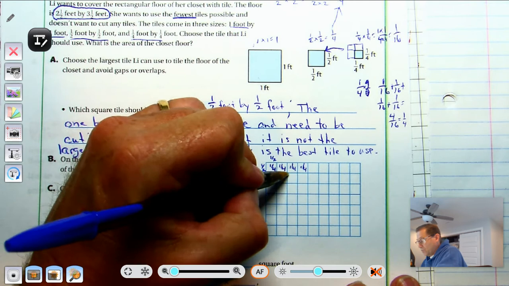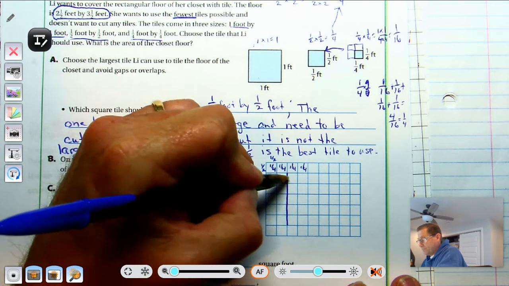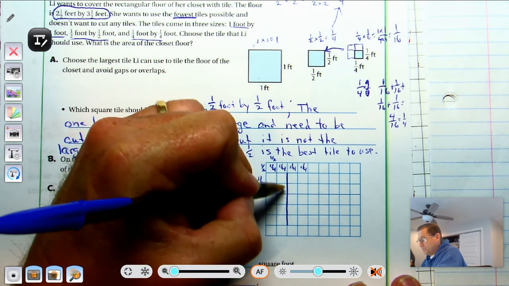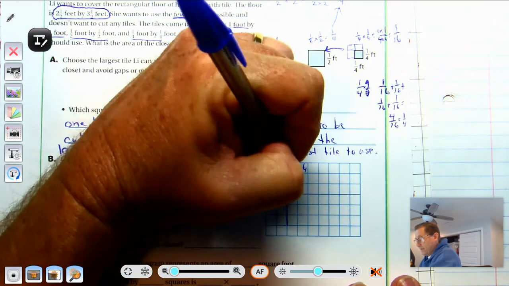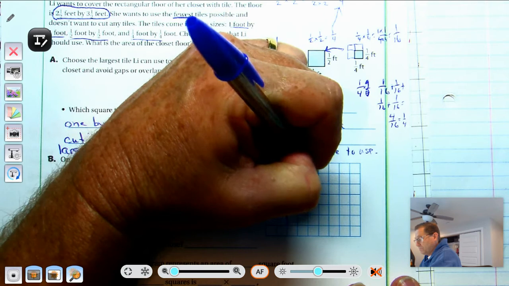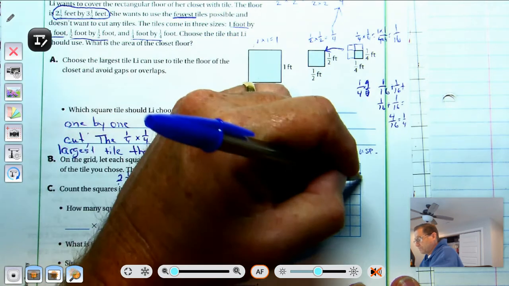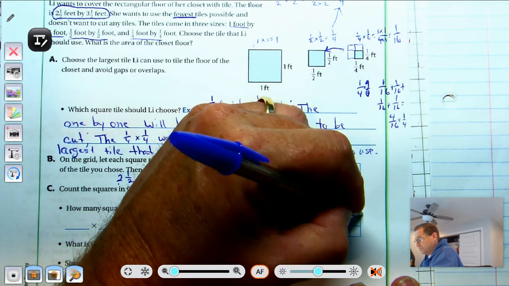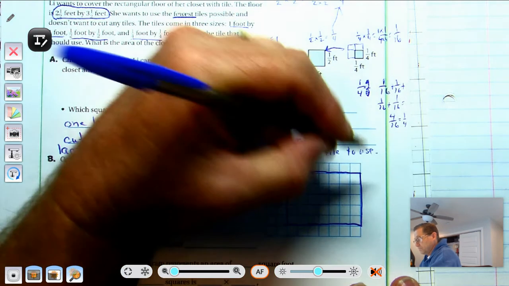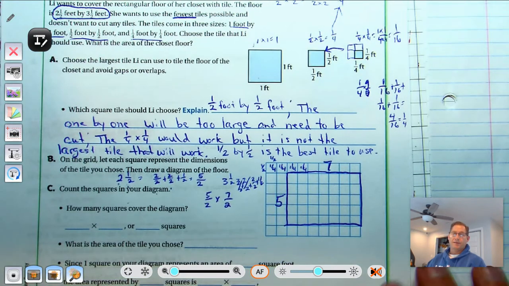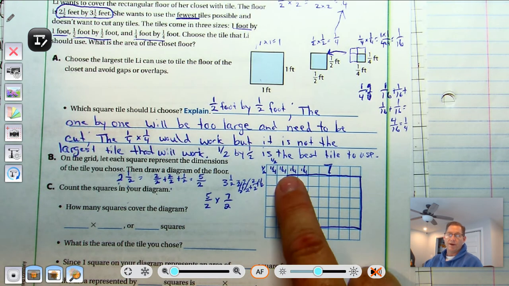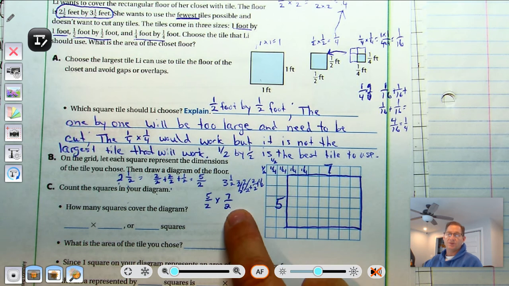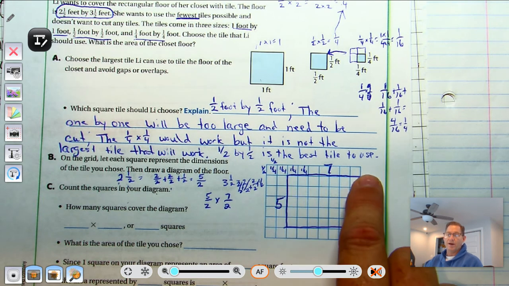So we can go down 5 and across 7. The 5 halves tells us that there's 5 1/2 tiles this way, and the 7 halves tells us that there's 7 halves this way.